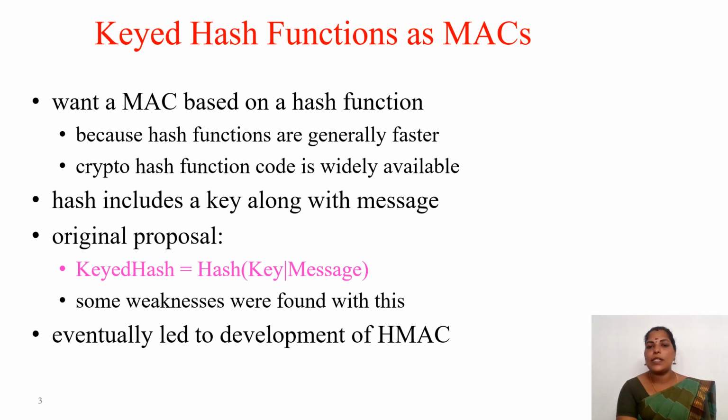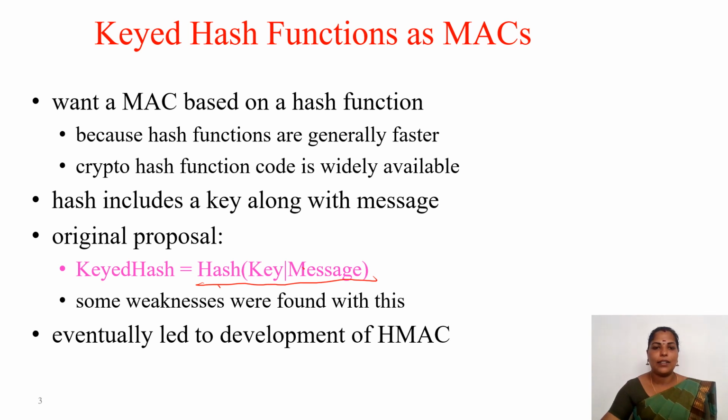So the hash includes a key along with the message. Generally, in the keyed hash, the original proposal was keyed hash equal to hash of key and message. Keyed hash means here we are using a hash function and giving input to the hash function as message as well as key.